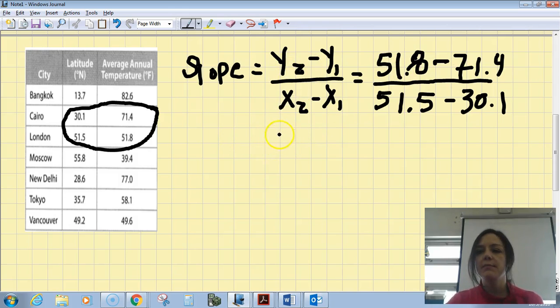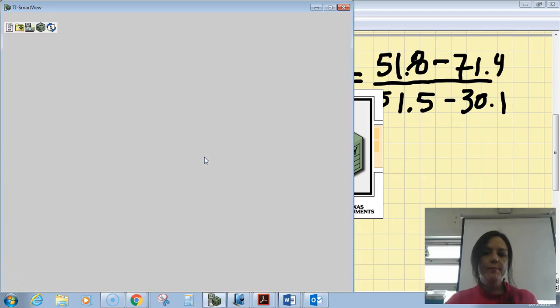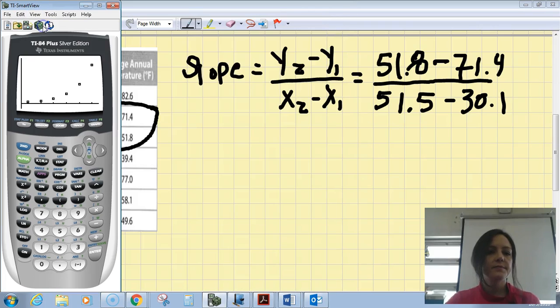So 51.8 minus 71.4, let me get my calculator here. I definitely don't want to mess that up for you guys. Okay, so 51.8 minus 71. You guys are probably already done by now. 0.4. I forgot my point.